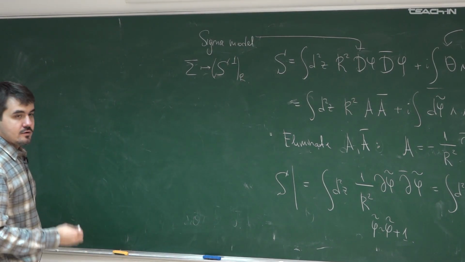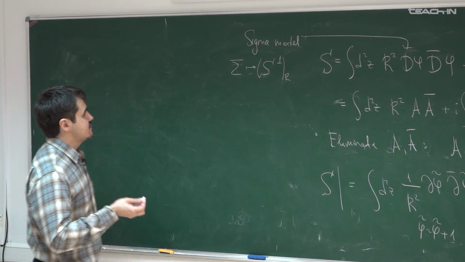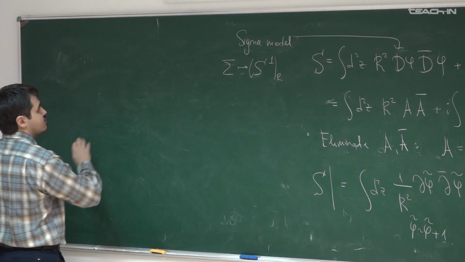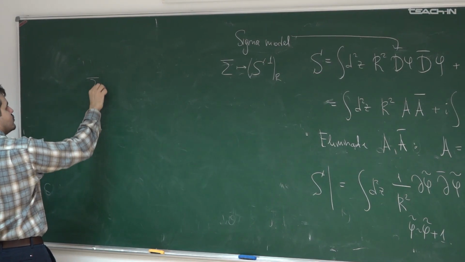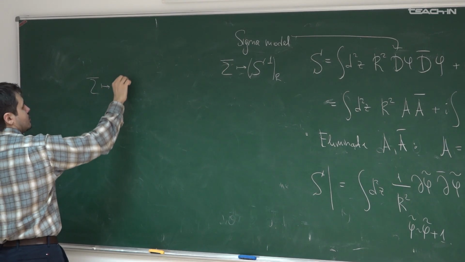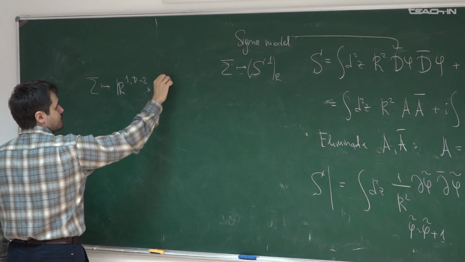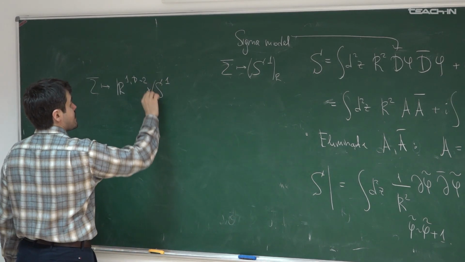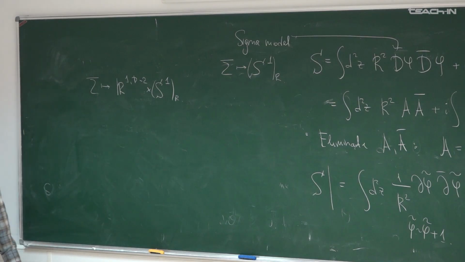But now, in the string theoretic setup that we were dealing with before, we were actually discussing maps from sigma to R1 d minus 2 cross S1, for example, right? But nothing can prevent us from considering general maps to a general manifold with some metric.